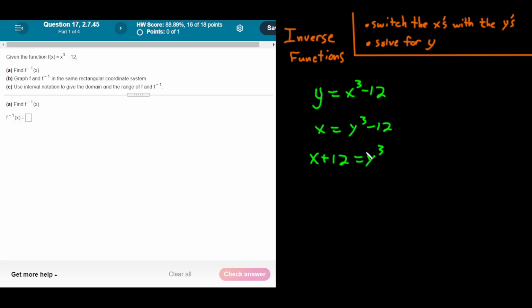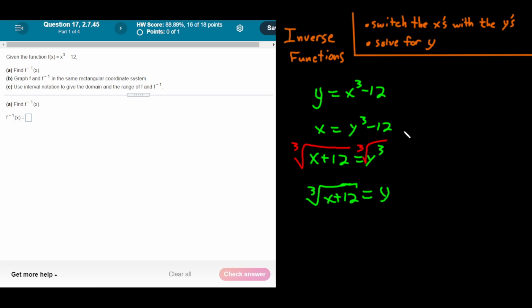Let's take the third root of both sides. We get the third root of x plus 12 is equal to the third root of y to the third power, which is just y. They cancel. Just so you see what I did, I took the third root of both sides, and that's how I got this.